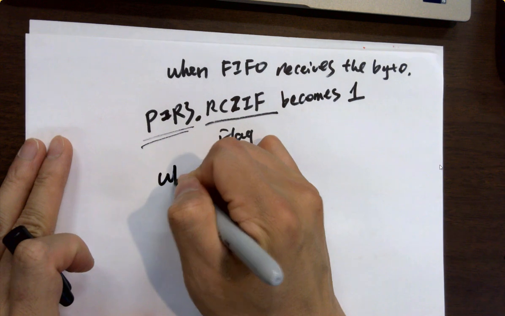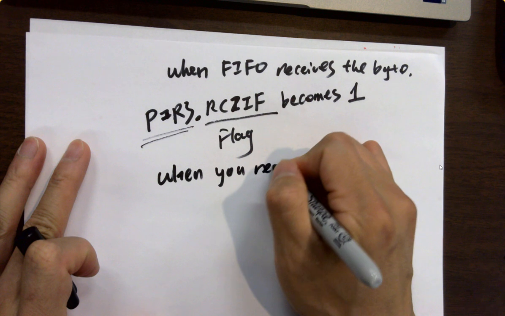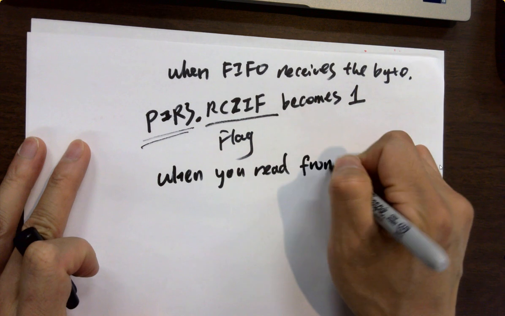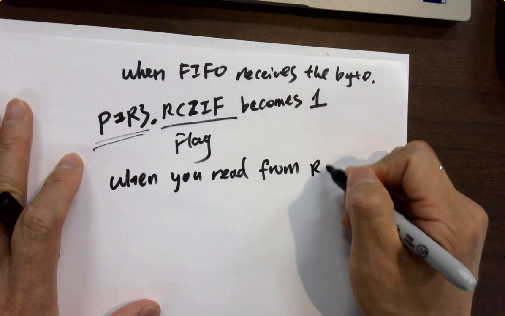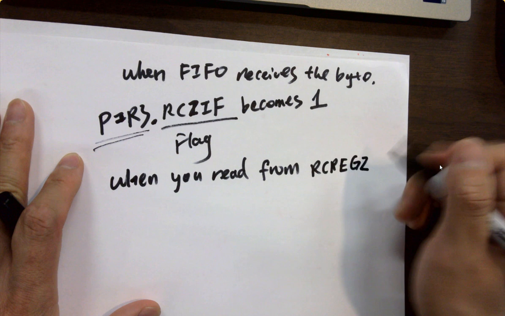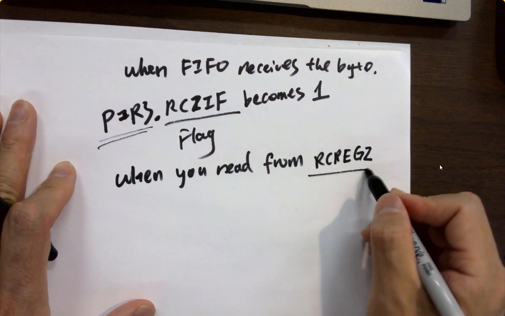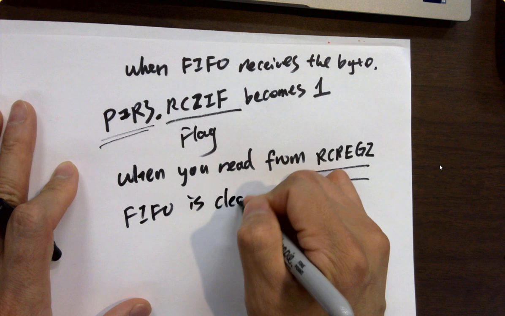And when you read from the receiving register, which is called RCREG2, when you read from this, FIFO is cleared.